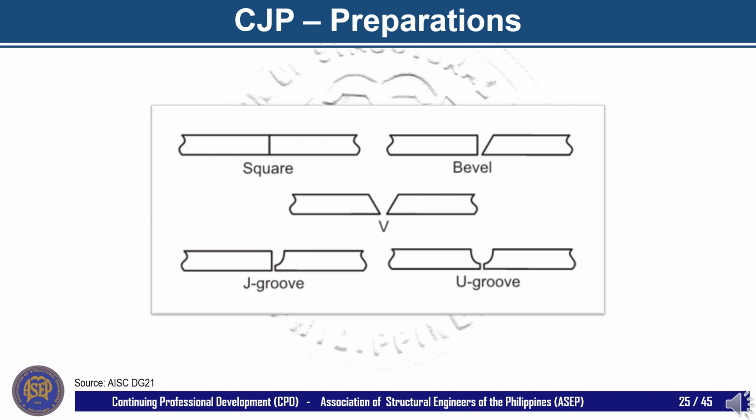Thinner sections up to a maximum of 3/8 inch may be joined with square-edged preparations using pre-qualified welding procedure specifications, or the so-called WPS. A selection of groove weld preparations are possible for CJP welds. Now, as shown in this image, preparation can be made of square, beveled groove, V groove, J groove, or a U groove.